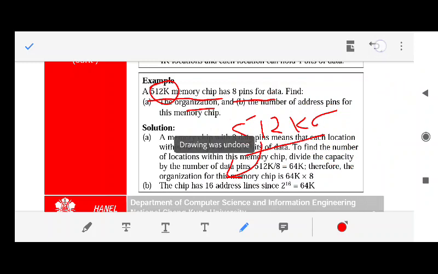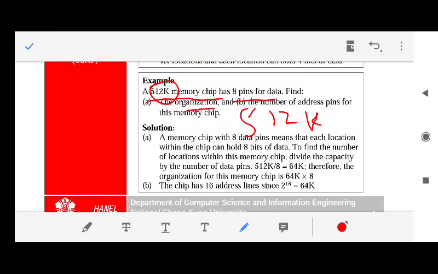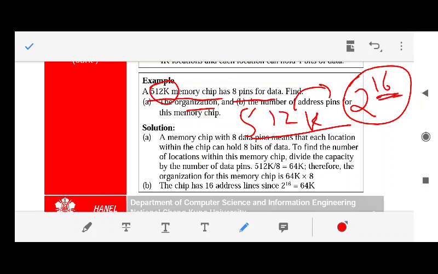Fine. How have we done this? It was written that 512 kilo memory space. What is 512 kilo? That is 2 to the power 16. Fine. Now that means you have 2 to the power 16 locations, and how many address lines are required to address 2 to the power 16 locations? 16 address lines. Fine.